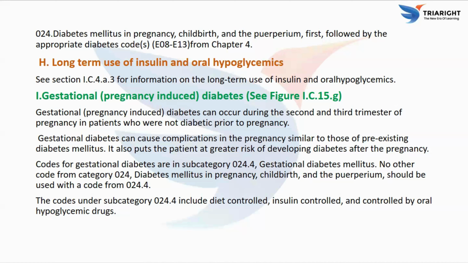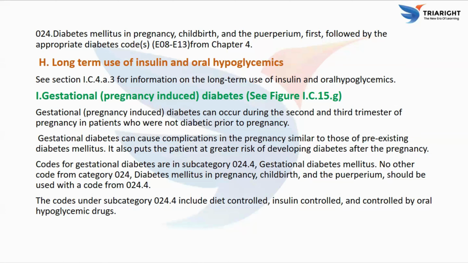Types of gestational diabetes codes. The subcategory O24.4 includes O24.410, which describes diet controlled gestational diabetes. That is, the woman manages the blood sugar with diet. There is no medication. And there is another code, O24.414, which describes insulin controlled gestational diabetes.